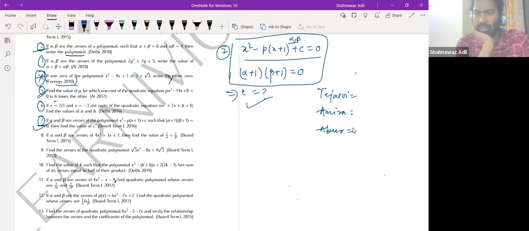Do this problem and tell me what is the answer, or if you're stuck, also tell me.